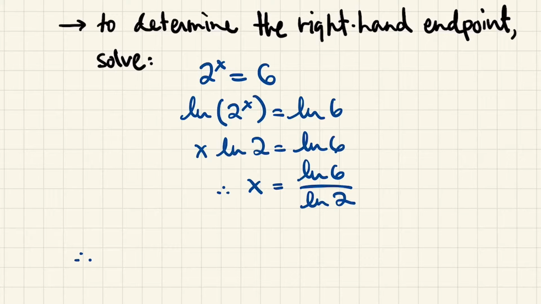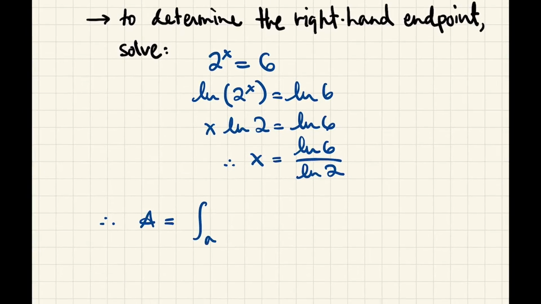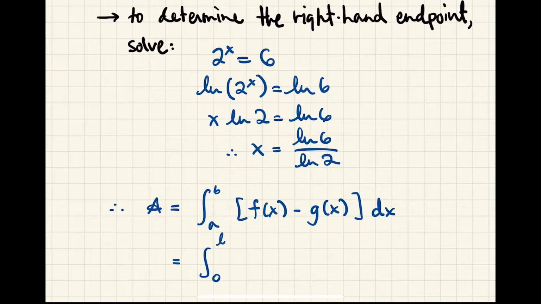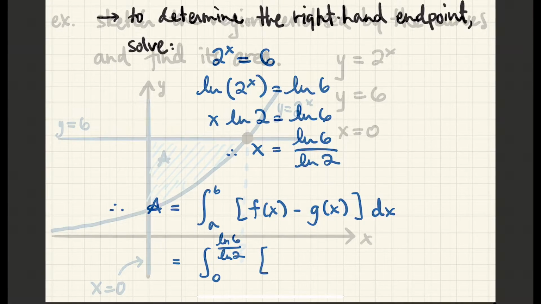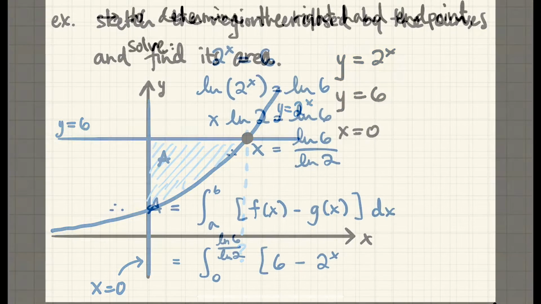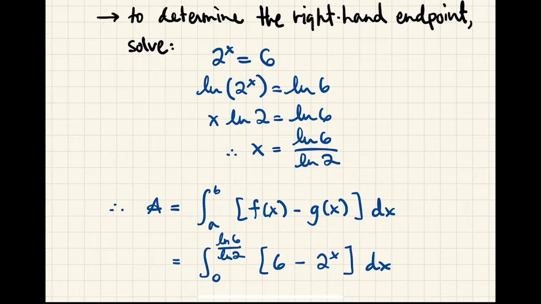So now we can conclude that the area, which is the integral from a to b of the upper function minus the lower function, is equal to the integral from the first x value, which is 0, to the last x value, which is ln of 6 over ln of 2, of the upper function, which is 6, minus the lower function, which is 2 to the x, dx.